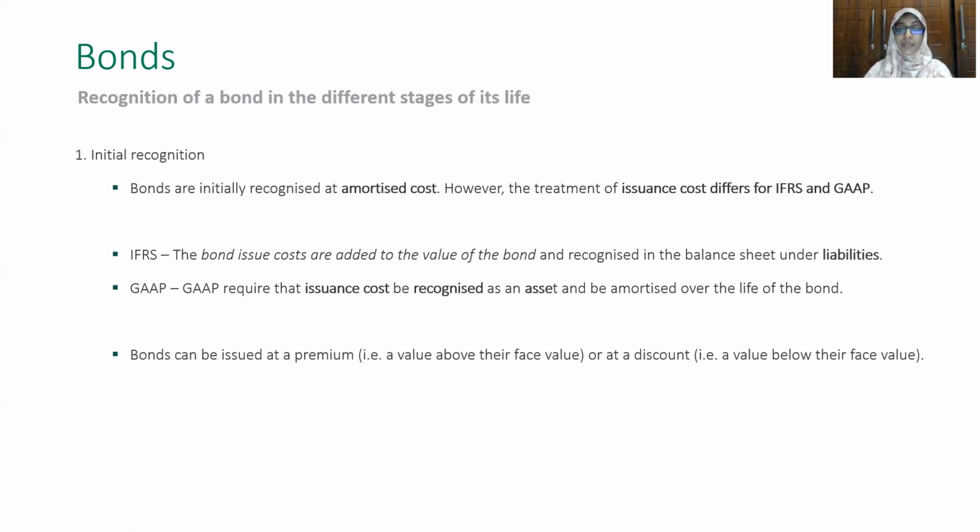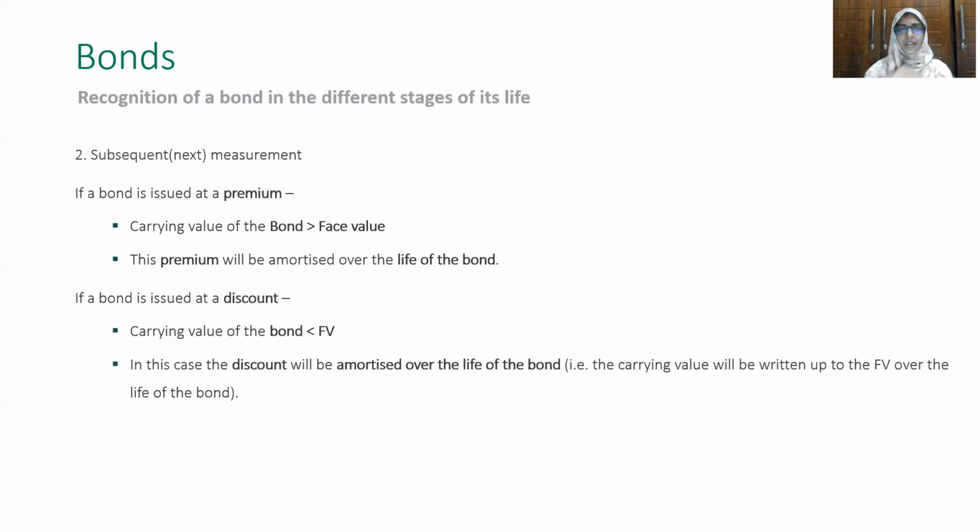Now, bonds can be issued at a premium, that is a value which is above their face value, or at a discount, which is a value which is less than their face value. This premium and discount is generally used during the subsequent measurement, the next measurement.